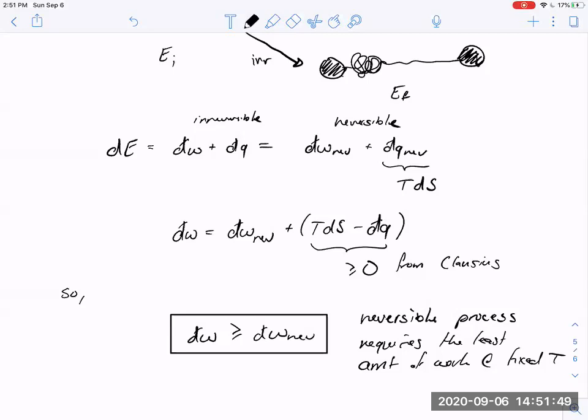So if we work in the reversible limit, that is the minimum amount of work required for a transformation. The irreversible, finite time process necessarily requires greater than or equal to the work required reversibly.